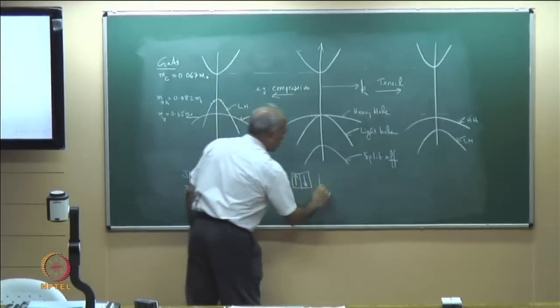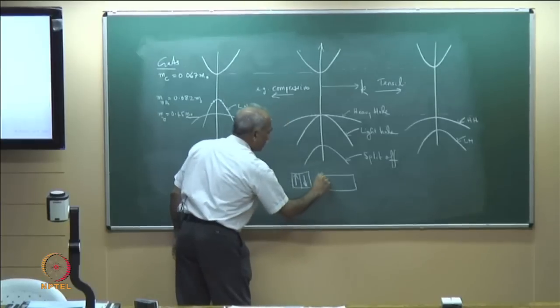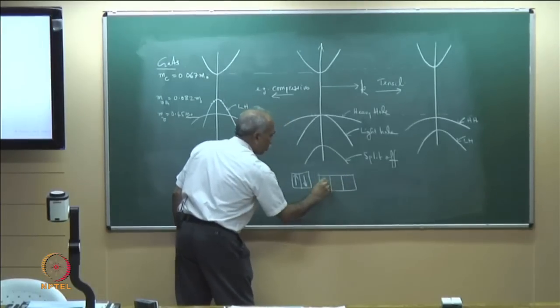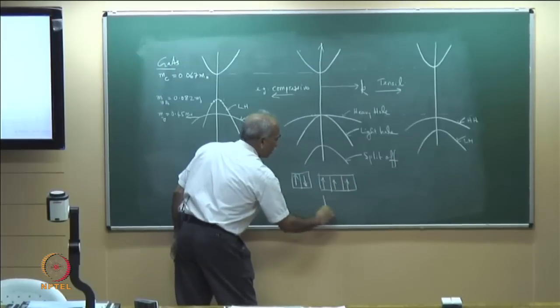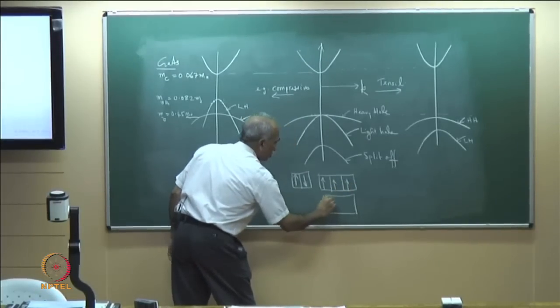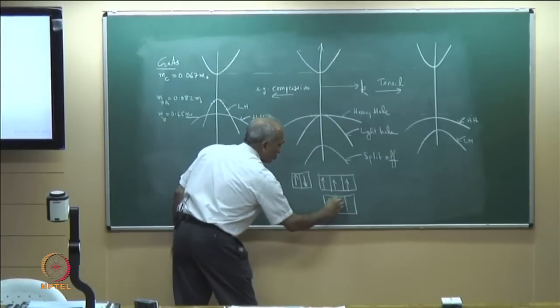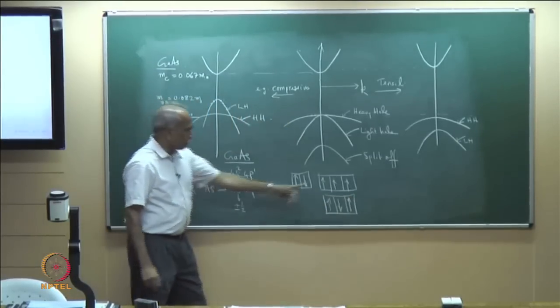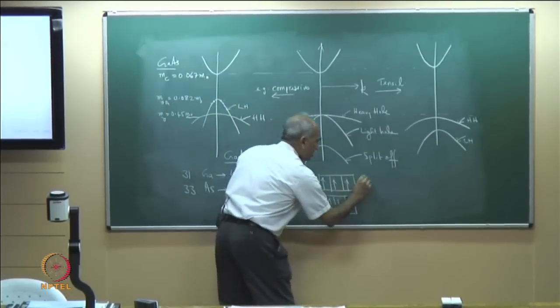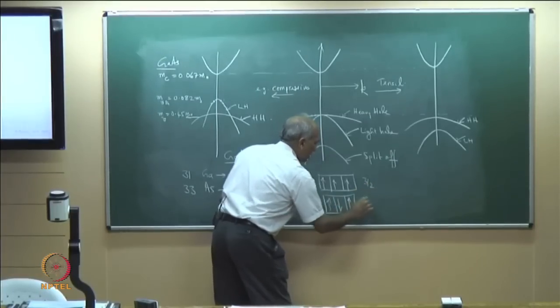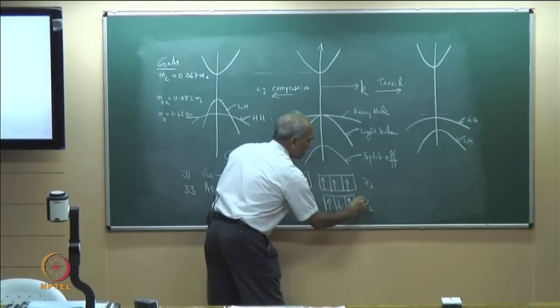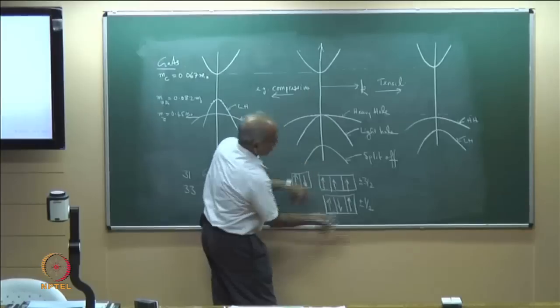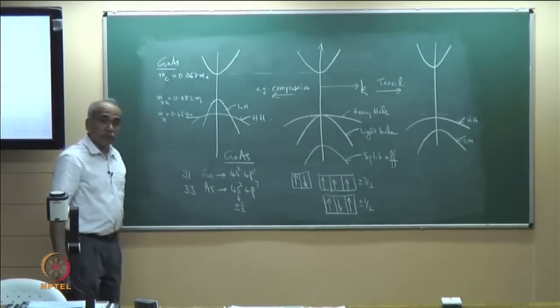In P there are 3 electrons. So the 3 electrons could be all like this, or it could be like this. So the total spin in this case is 3/2, and in this case it is half. Plus minus is possible depending on whether all of them are down or all of them are up.